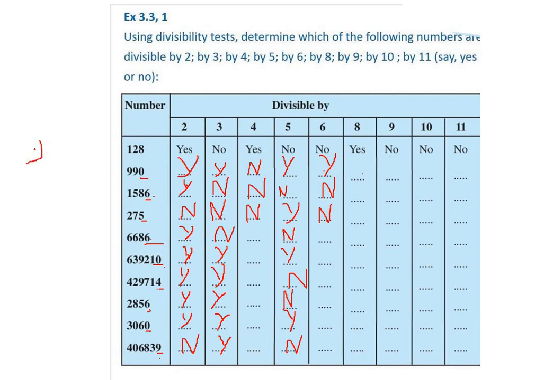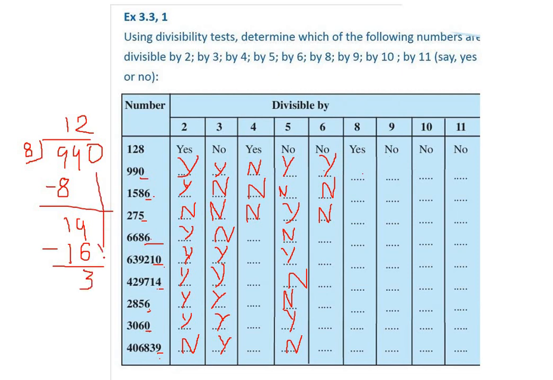So let's start with the last 3 digits, 9, 9, 0. 8 1s are 8, we subtract and get 1, bring 9 down, 19. 8 2s are 16, so we write 16 here and subtract. We get 3, bring the 0 down, it becomes 30. 8 4s are 32, so we need to take 8 3s are 24, and subtract, and 6 is left.